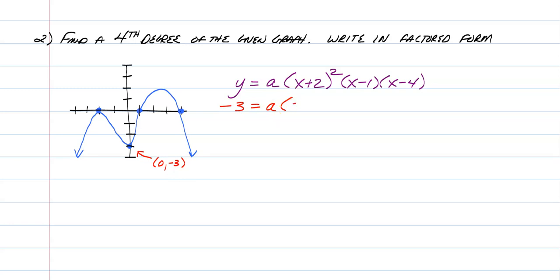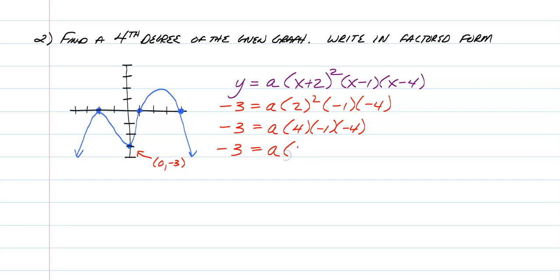So 0 plus 2 is 2 squared, 0 minus 1 is a negative 1, and 0 minus 4 is a negative 4. And now we're just going to solve for a. So negative 3 is equal to a times 4 times a negative 1 times a negative 4, which is going to give us negative 3 is equal to a times a positive 16. So a is equal to a negative 3/16.